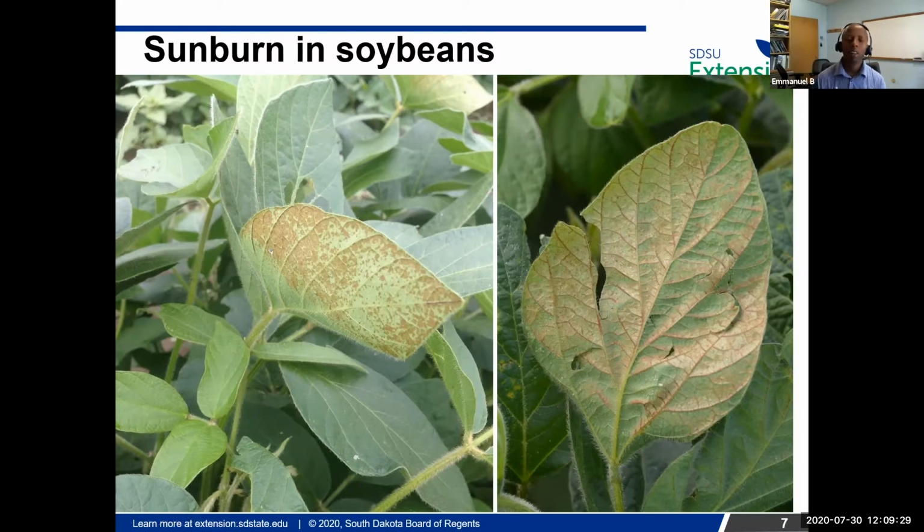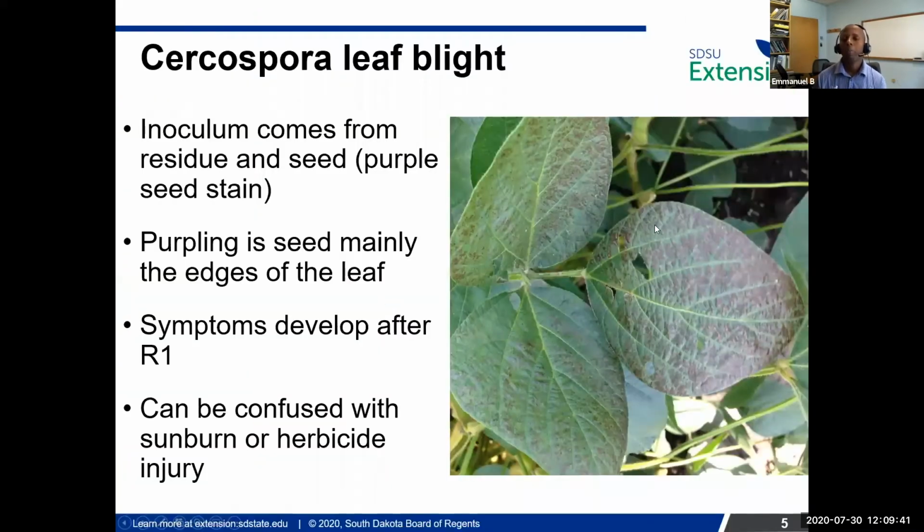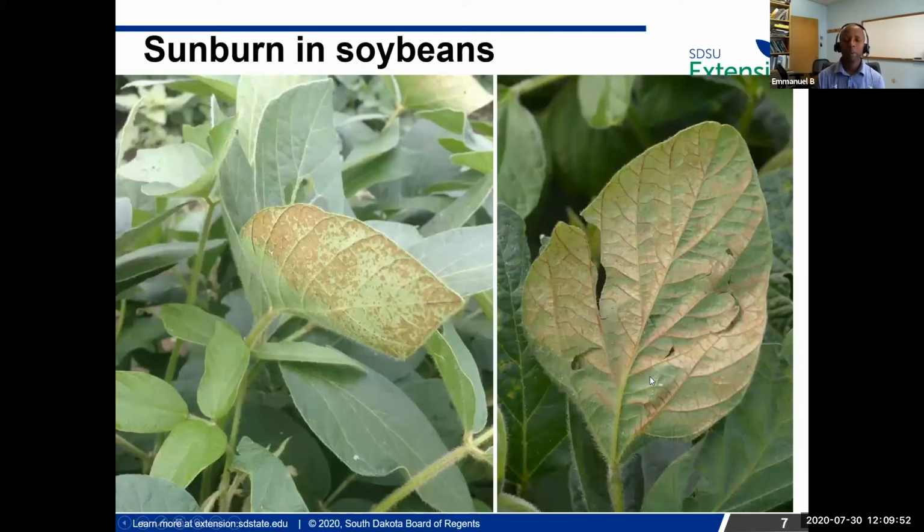The underside can have injury from the sun, sunburn or sun scald, but this is different from Cercospora. Cercospora is going to be the purpling on the upper side of the leaf, and usually starts from the edges and expands moving in. So do not confuse sunburn with Cercospora, because sunburn is going to be on the underside of the leaf.